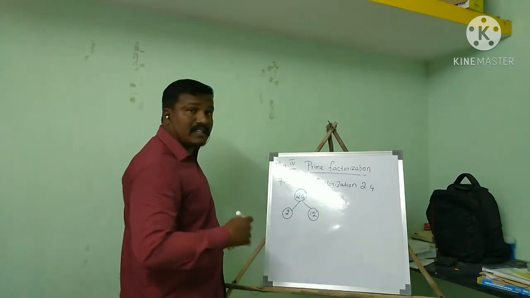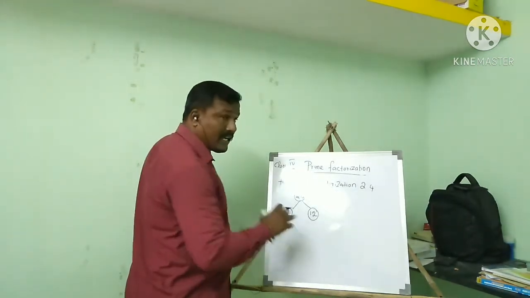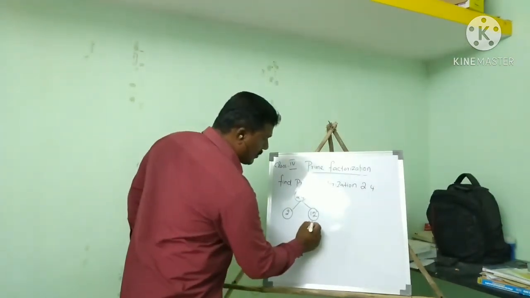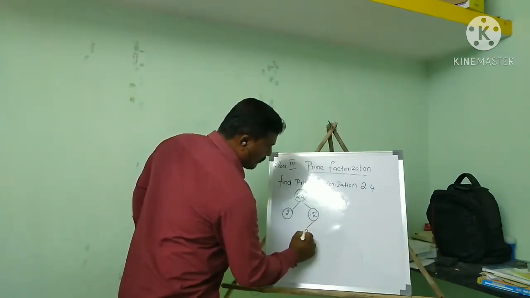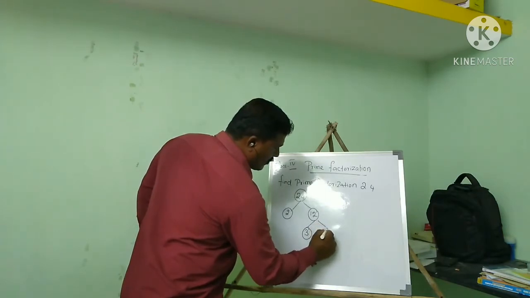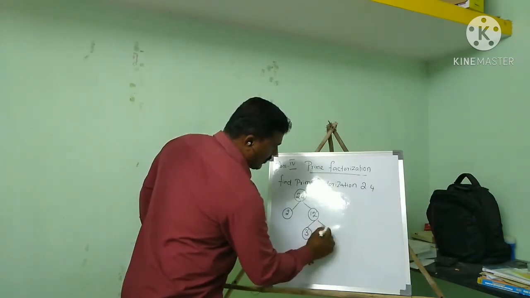Then 2 we cannot divide further, but 12 we can divide. So 4 3s are 12.